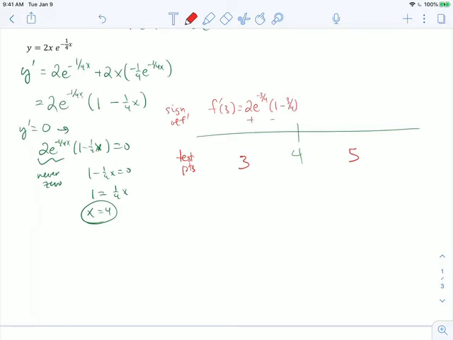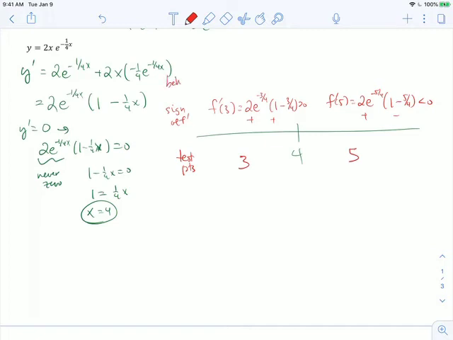This is positive, so the derivative is positive at 3, whereas at 5, I'm getting 2e to the negative 5/4 times 1 minus 5/4. This is positive, this is negative, which makes that negative.